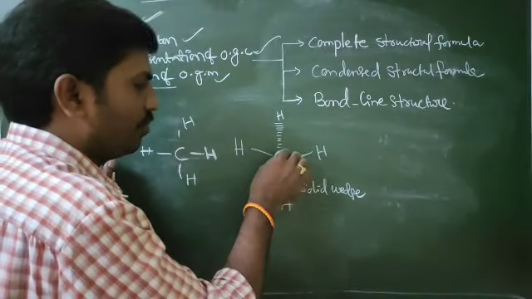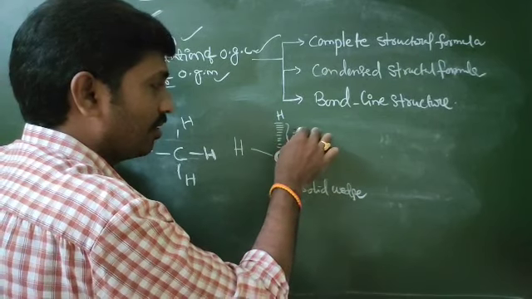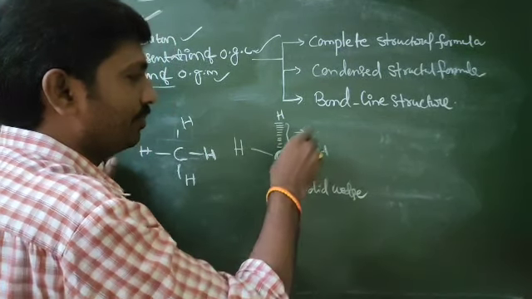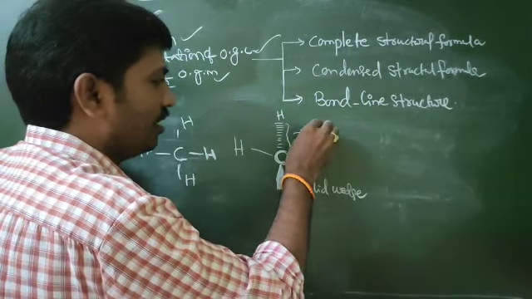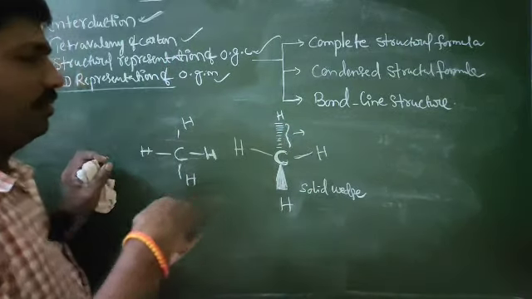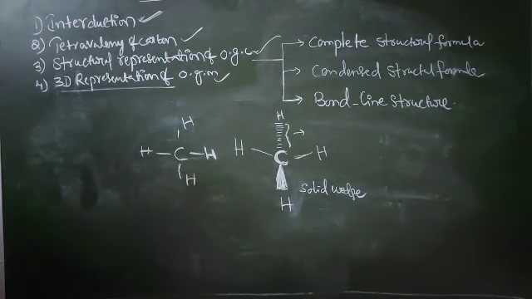So this is the 3D representation of an organic molecule. This line we will call a solid wedge, and this is dotted, the dotted wedge.